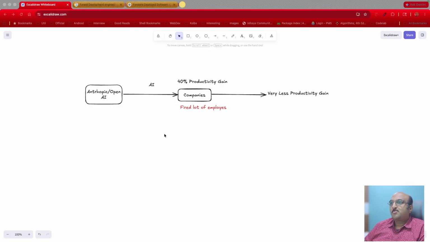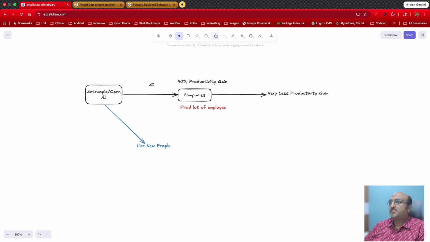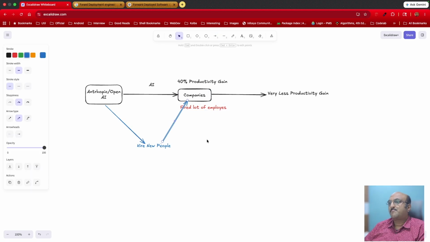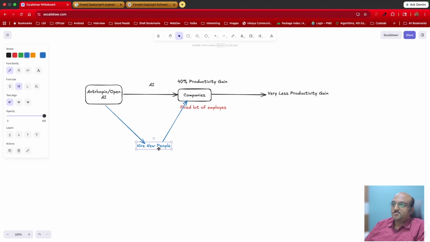So what Anthropic and OpenAI thought is, well, what we can do is hire new people, and these hired people will then be deployed in these companies. And what is the nature of the work of these people?